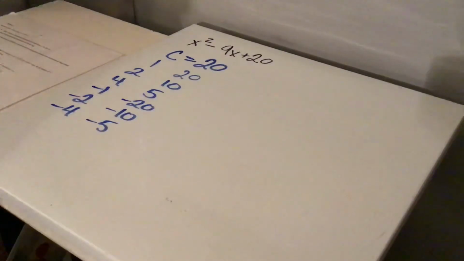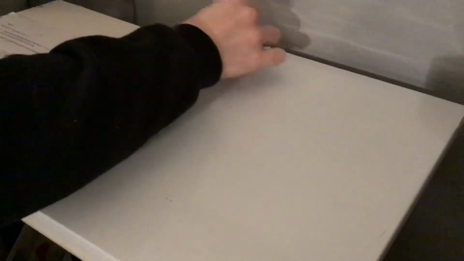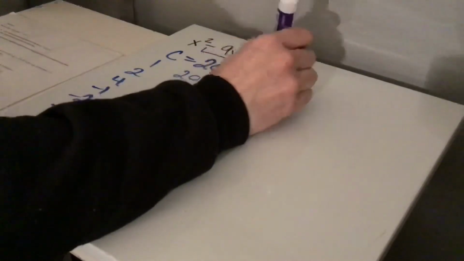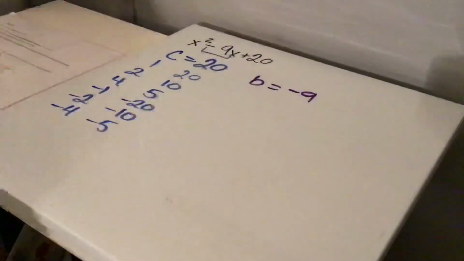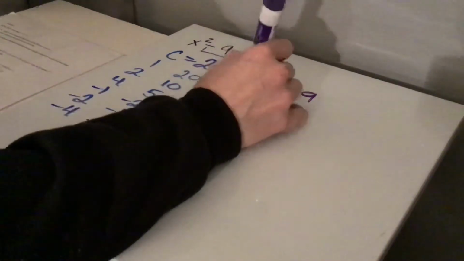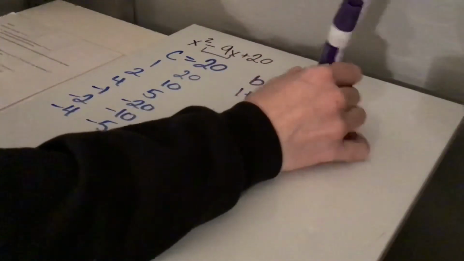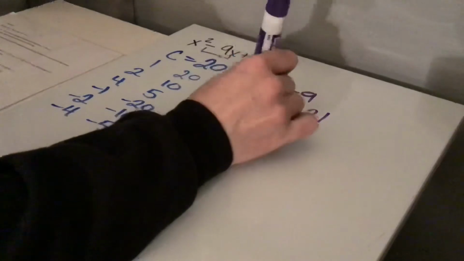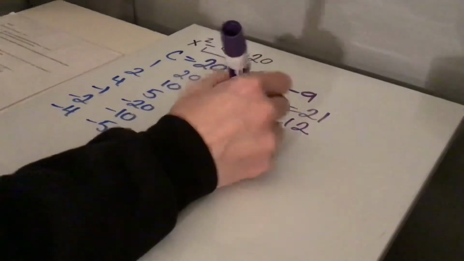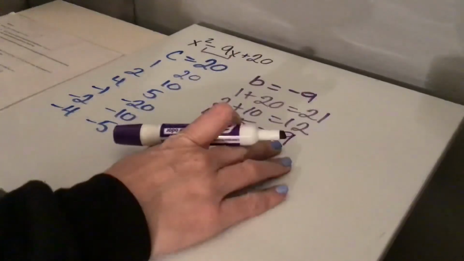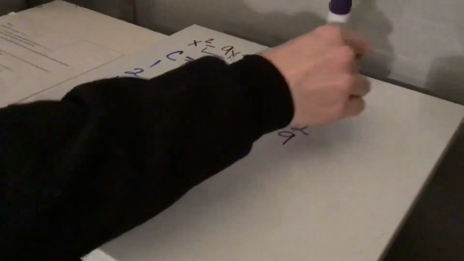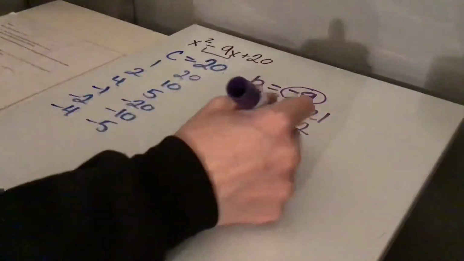Then we look at b, so take the sign with it. We want to see which ones add up to negative 9. So 1 plus 20 does not. 2 plus 10 does not. 4 plus 5. Well, 4 plus 5 is 9, but we want negative 9. So how do we get that?